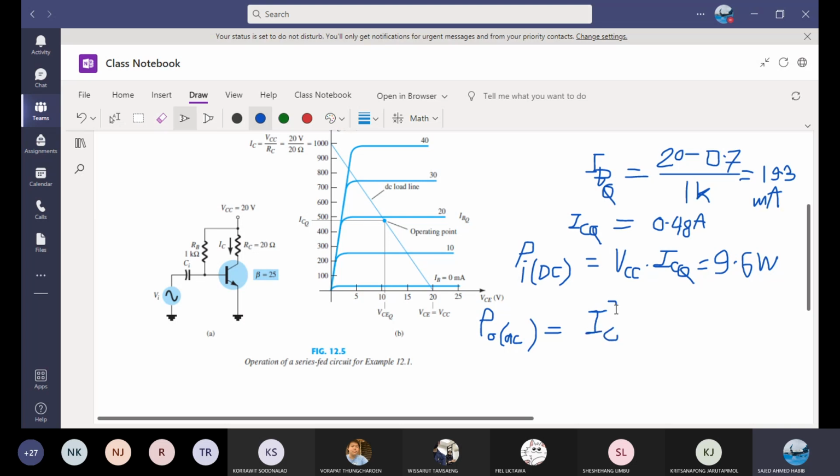This one has to be in RMS. We don't calculate power in peak or peak to peak. When you measure in the lab, the equipment is also measuring in RMS. I squared times R_C, where R_C is the load resistor, the output resistor.